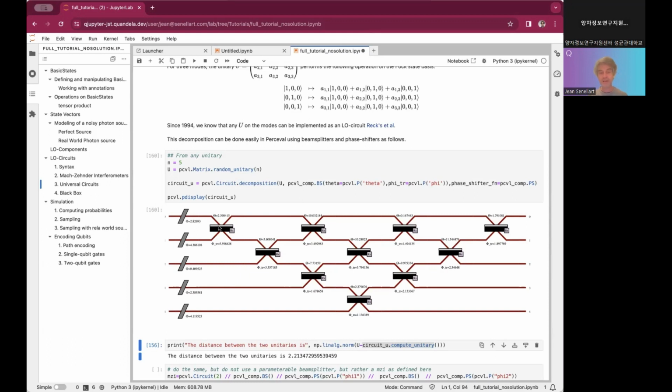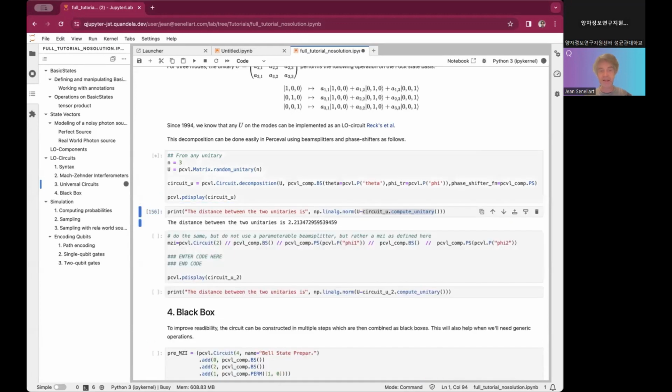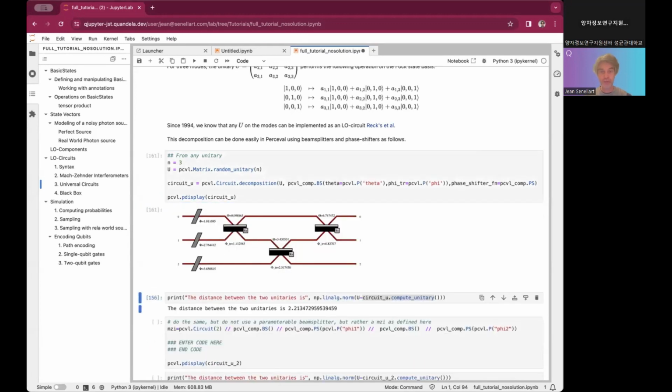But practically, the photonic circuits that we are using always have a rectangular shape, and I will show you that when we go on the cloud. This rectangular shape is called the Clements design, or there is another design that's called the Bell design. All of them are universal.